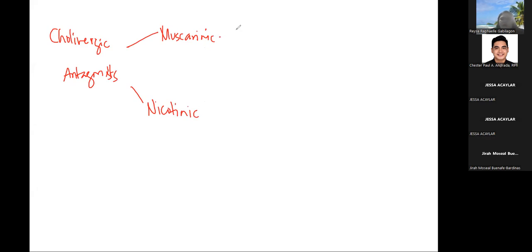For our muscarinic receptor, of course we have the prototype atropine from Atropa belladonna and other species of datura. So atropine, and then we have scopolamine, which is used mostly for motion sickness.